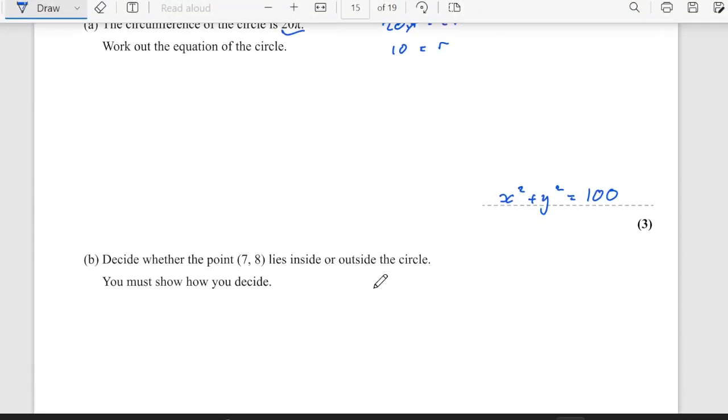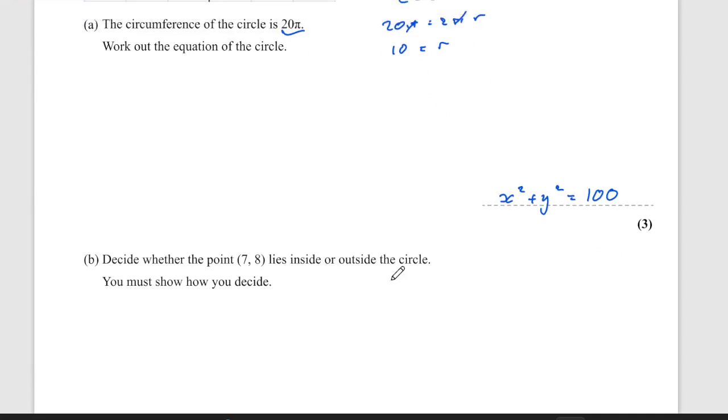Part B, decide whether the point 7, 8 lies inside or outside the circle. We need to find what 7 squared plus 8 squared is. So 7 squared plus 8 squared is 49 plus 64, which is equal to 113.